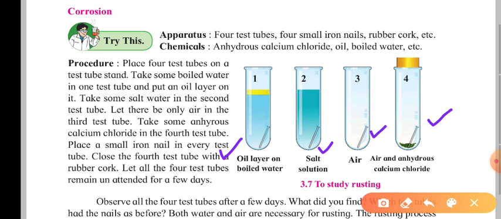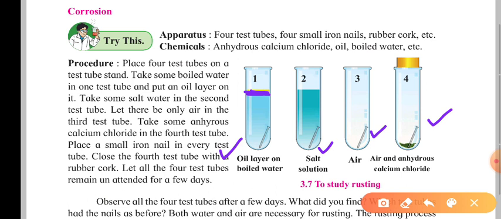The first one is an oil layer on boiled water. When we boil the water, the excess oxygen leaves the water, and when we place oil as the top layer, it protects the water from external oxygen entering it. So when oxygen is not present in the water, the oxidation of iron is not possible.